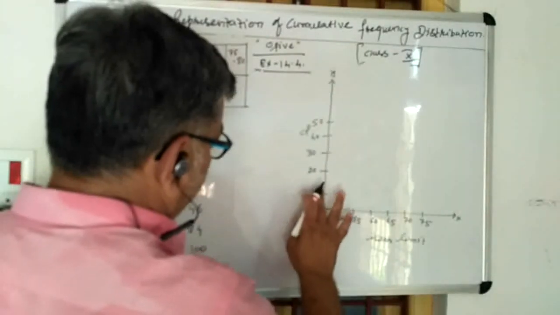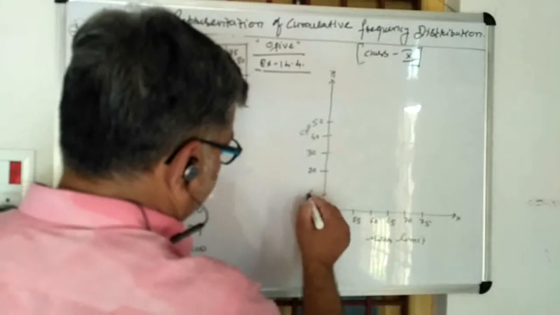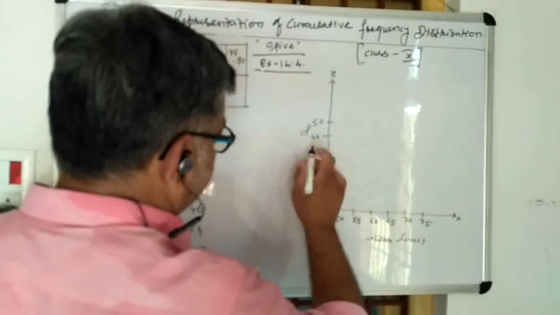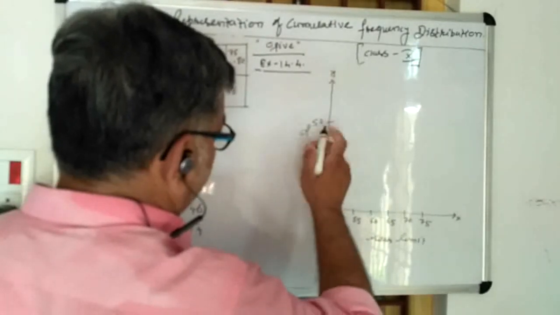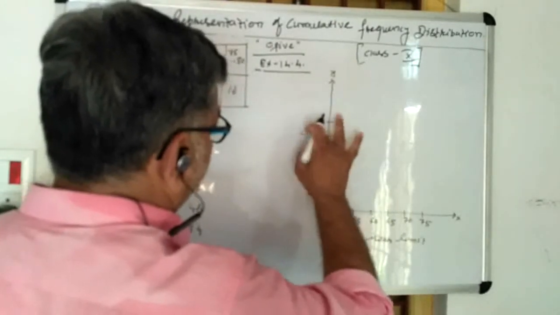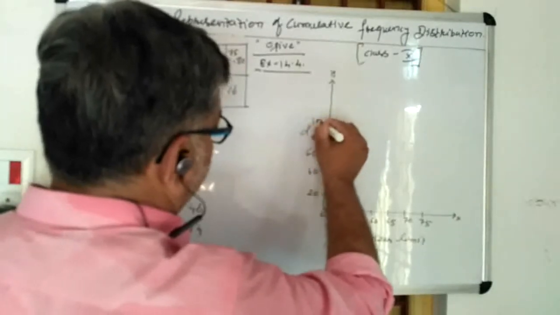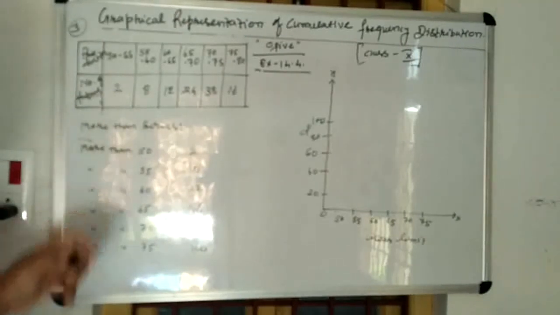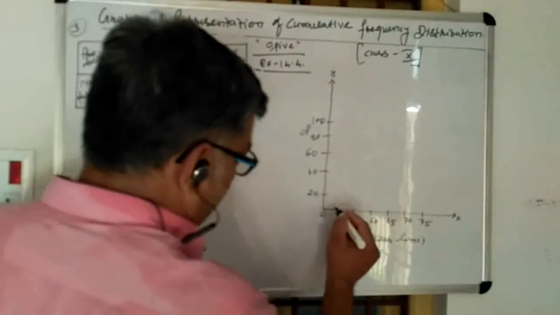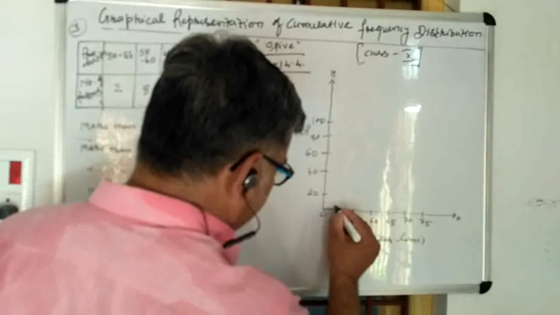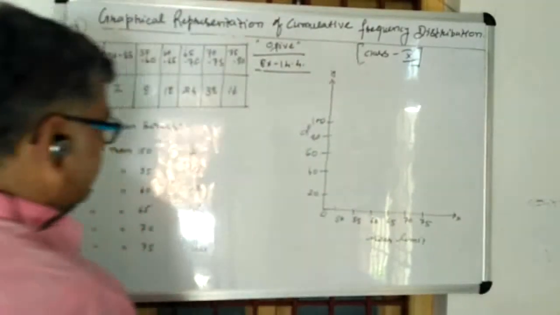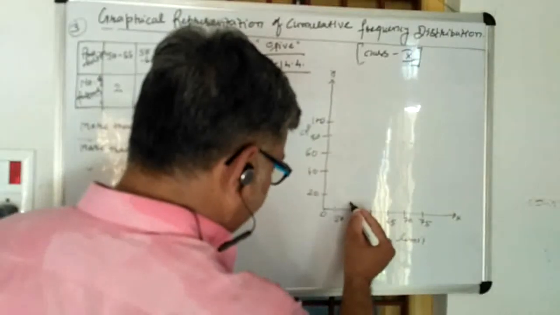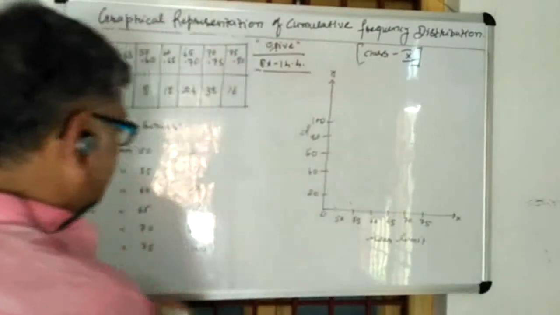Yes, suppose it is 20, 40, 60, 80, and it will be 100 for symbolic purposes. Now on 50, the cumulative frequency, suppose this is 2, just above it. At 55, suppose it is 10.